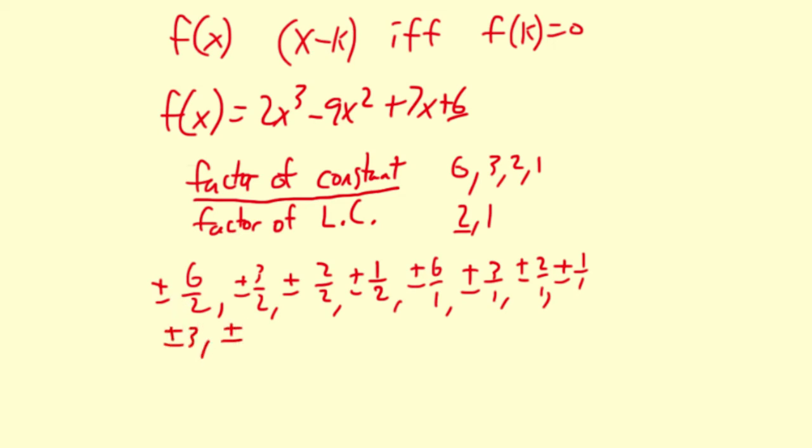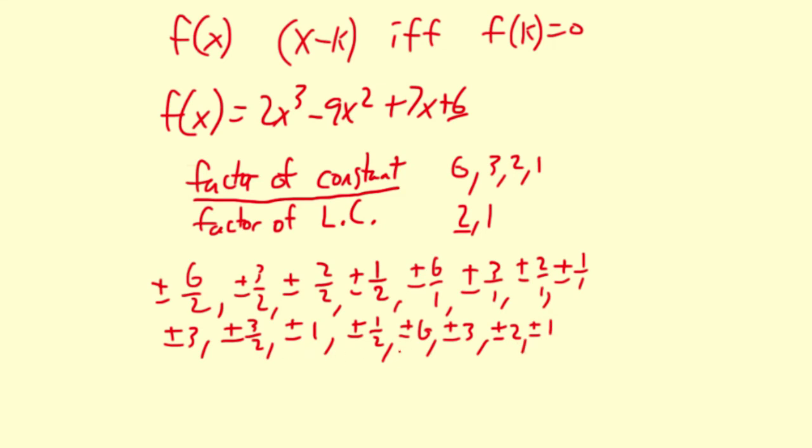Plus or minus 3 halves, that cannot be reduced. Plus or minus 2 over 2, that's plus or minus 1. Then plus or minus 1 half. And then plus or minus 6 over 1, that's plus or minus 6. Plus or minus 3 over 1 is plus or minus 3. Plus or minus 2 over 1, well, that's plus or minus 2. And then plus or minus 1 over 1, plus or minus 1.